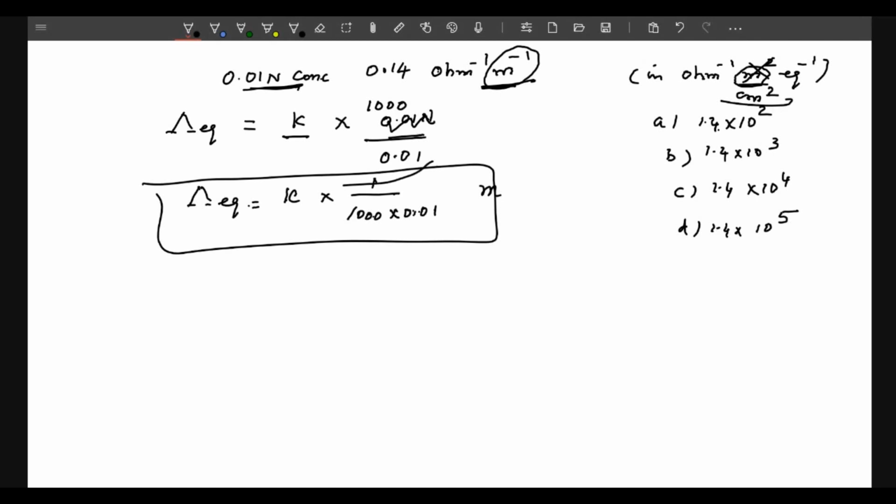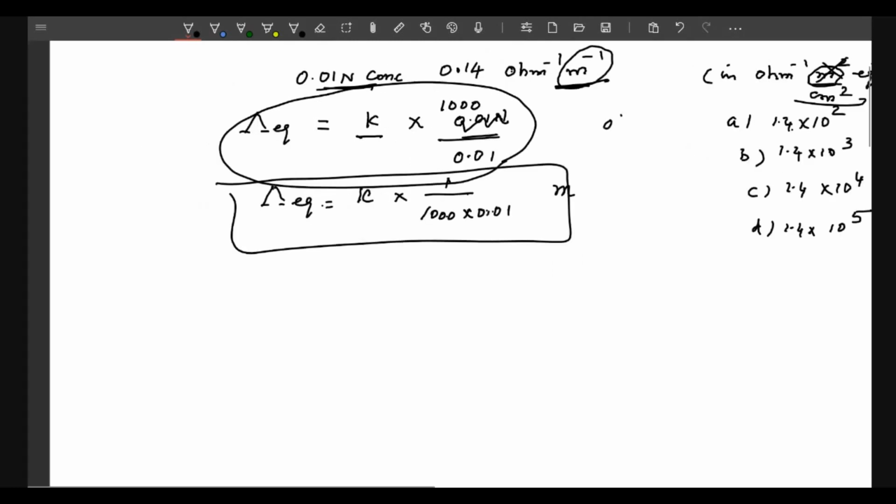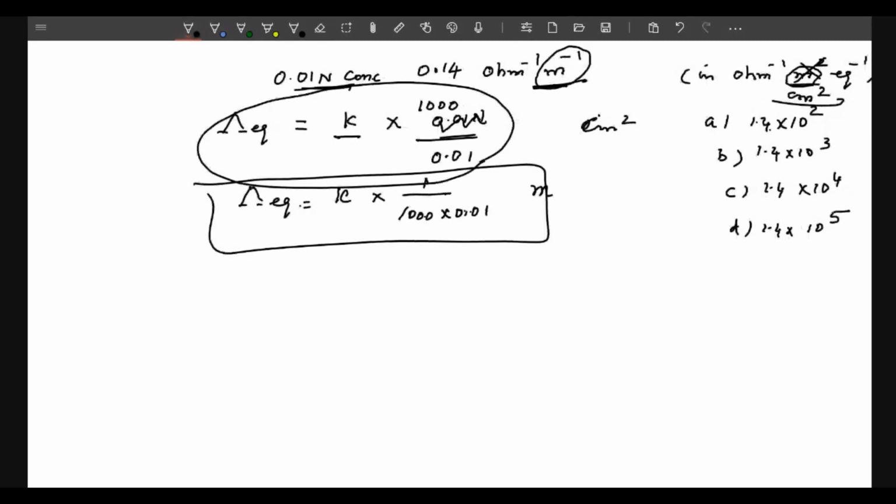If you make use of this equation, you would end up with the answer in centimeter square unit. But here kappa is given in terms of per meter. Therefore, there is confusion in this type of conductance calculation. Only the units would be changed. Therefore, you should be very cautious whether to go by meter square or centimeter square.